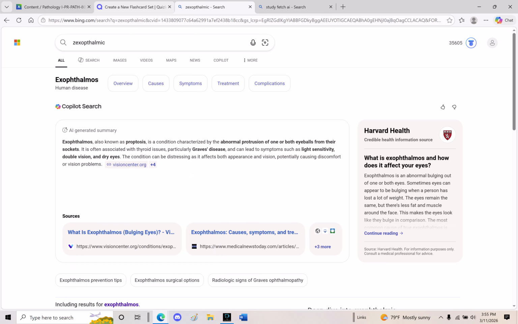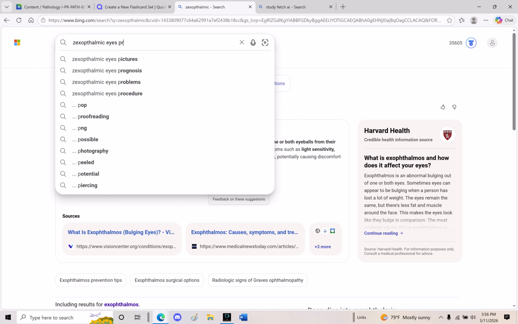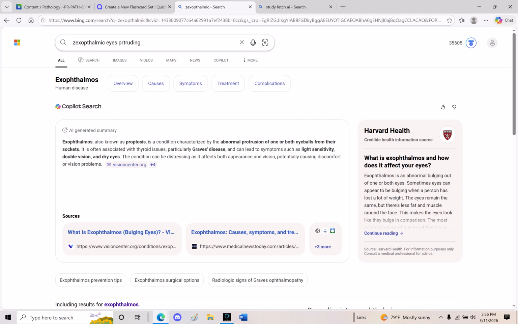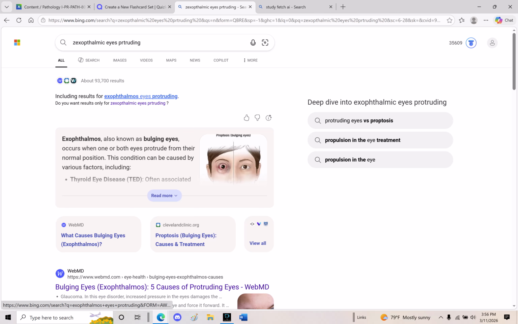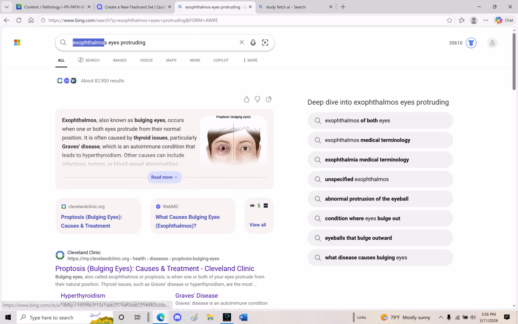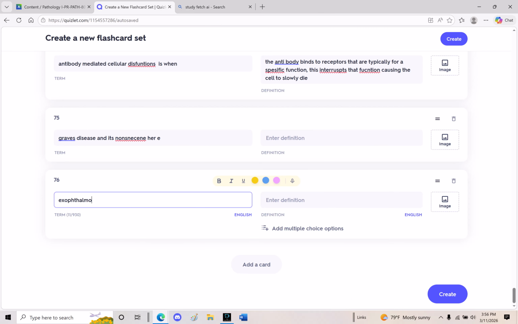So think your eyes are protruding out, right? And that has to do with the same antibodies that stimulate the TSH receptors on thyroid cells attack the extraocular muscle and tissue, and it causes swelling in that region, which causes your eyes to poke out because of the pressure behind it.